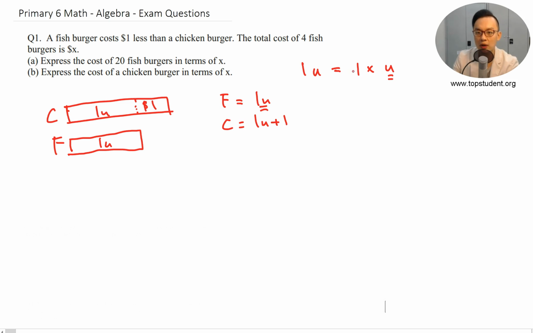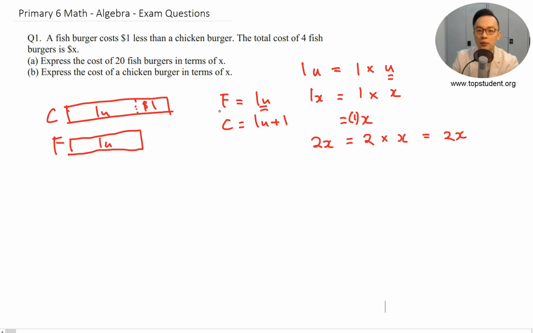So 2U is 2 times U, 3U is 3 times U. Instead of using the letter U, I say 1X is equal to 1 times X, and we usually call that just X. The 1 is not written because it's expected. But if it's 2X, then we have to write the 2, so it's 2 times X, which is 2X.